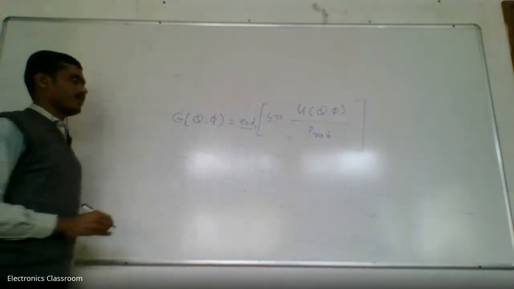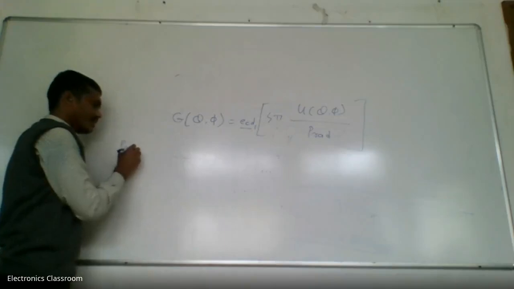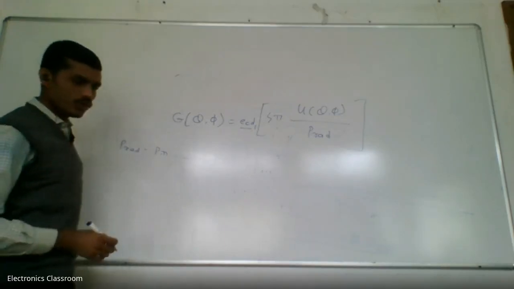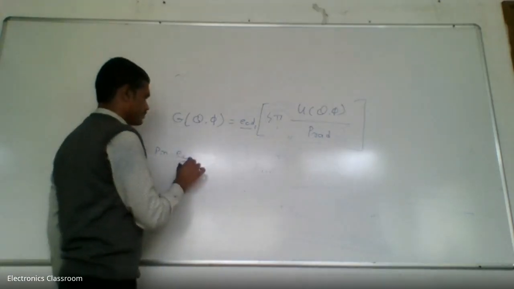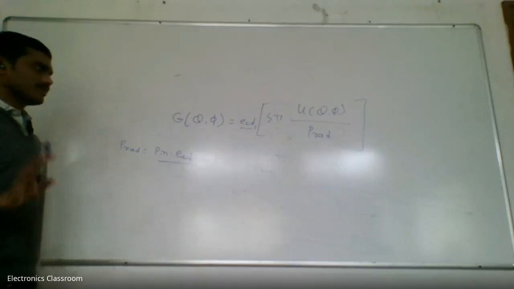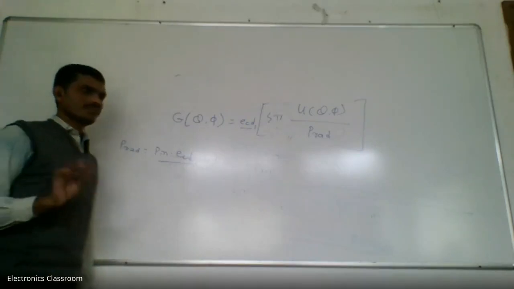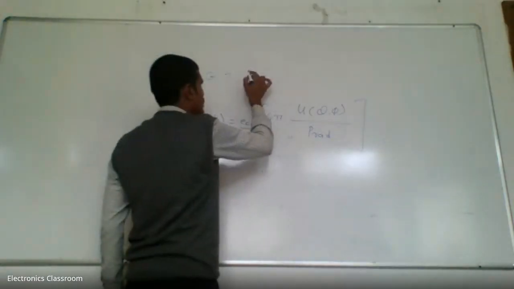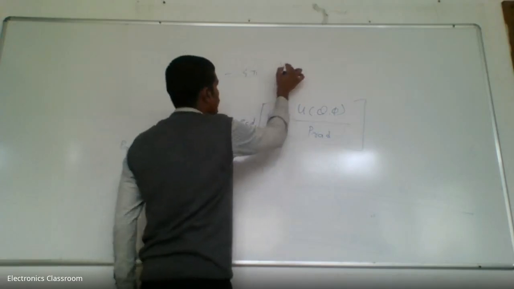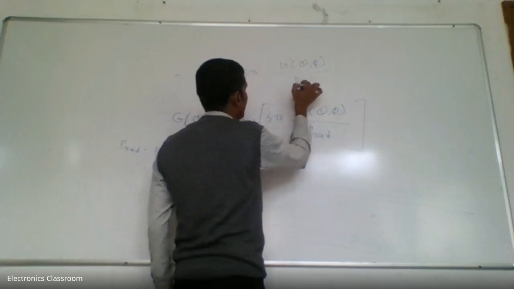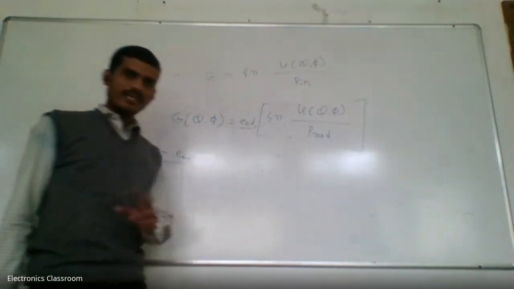Here P radian is equal to P in into ECD. Is that clear? Before that, there was an equation G is equal to 4 pi into U of theta comma phi divided by P in, your earlier equation. Is that clear?